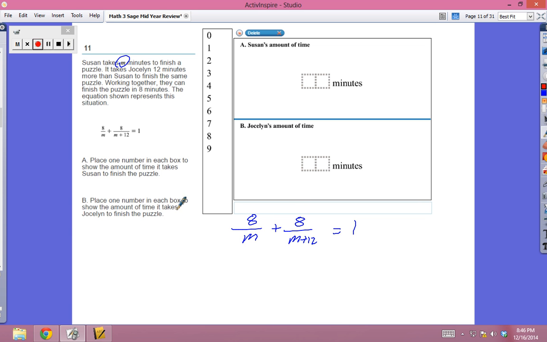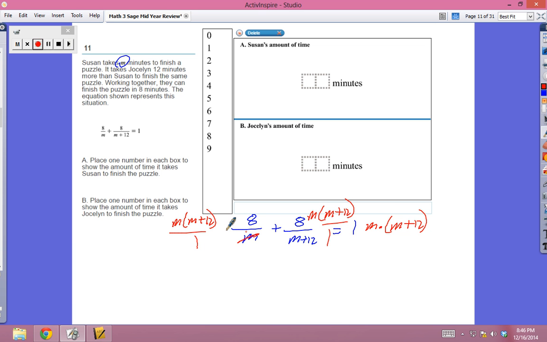I'm going to multiply this guy by m times m plus 12. I'm going to multiply this guy by m times m plus 12, and I'm going to multiply this by m times m plus 12. Now if I do that, it's going to get rid of these two fractions, because I want to get rid of all the fractions. So now put this over 1, put this over 1.